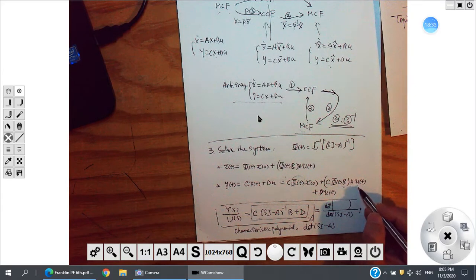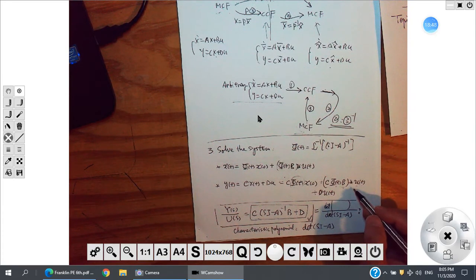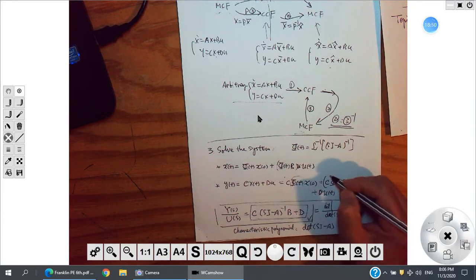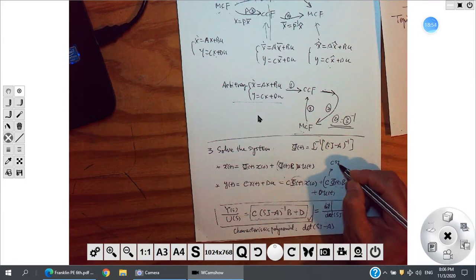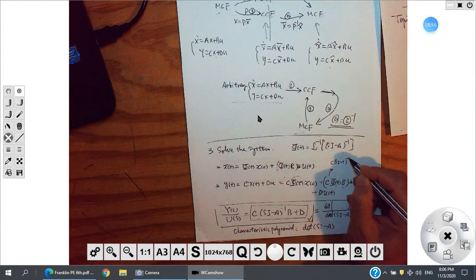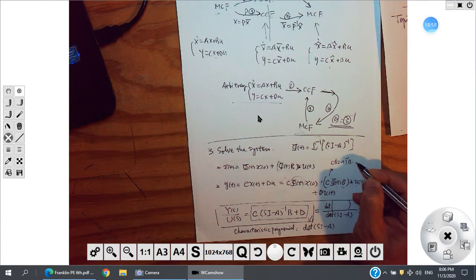Okay, and you can also send these to S domain by Laplace transform. It will be multiplication of Laplace transform of both terms in the S domain. Then you go back. Use inverse, you can go back, right? So this part, it is C times (sI minus A) inverse times B and times U of s, right?